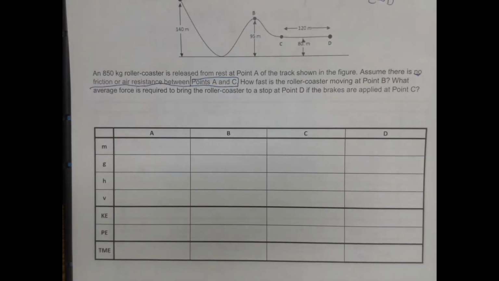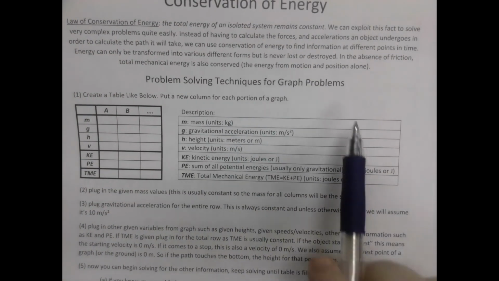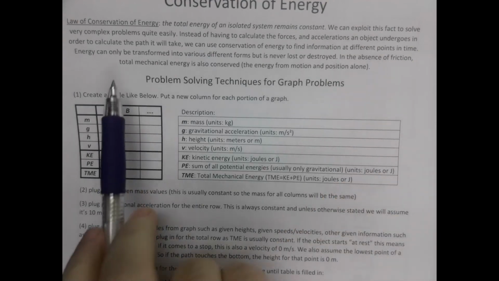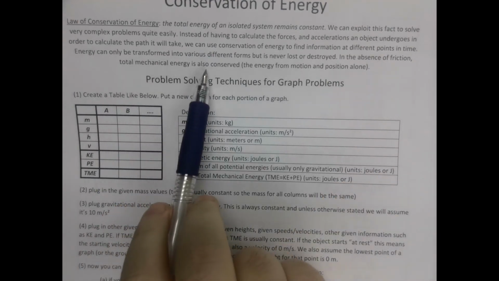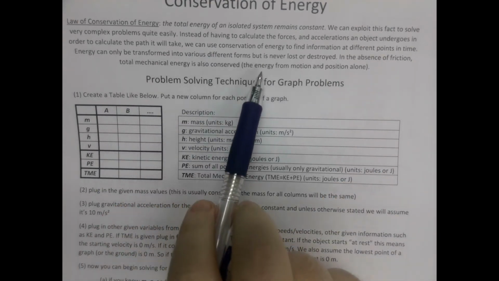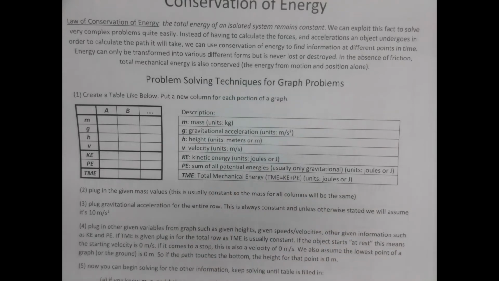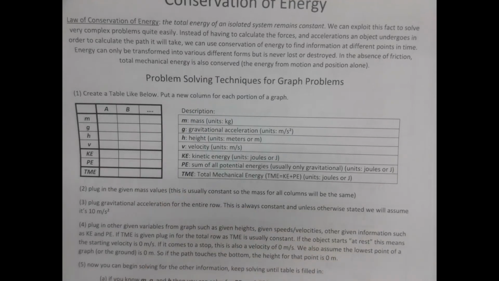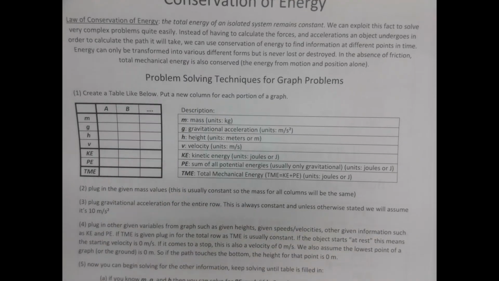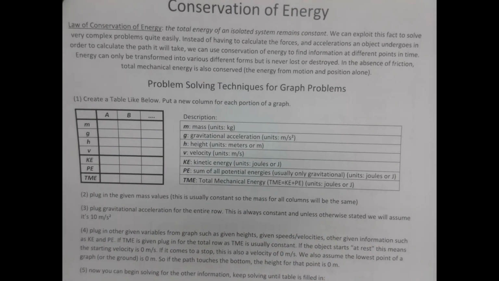Now, remember what I said, so let's go back up. In the absence of friction, total mechanical energy is also conserved. It's the energy from motion and position alone. If we include friction, total energy is still conserved, but mechanical energy is not. Some of the energy is going to be converted into thermal energy, heat.